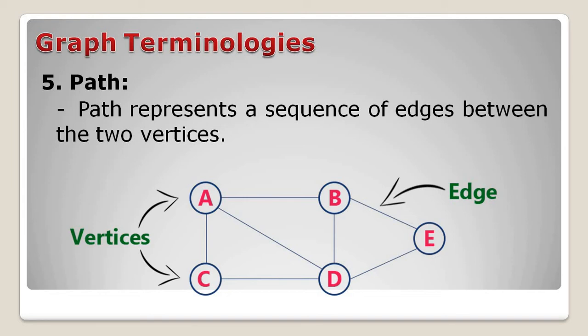In the following example, A, D, E is a path, or A, B, E is a path, or A, B, D, E is a path from A to E. Or consider if you want to reach from C to E, we have the path C, A, B, E, or C, D, E, or C, A, D, E, or C, D, B, E. So these are the things we call a path.